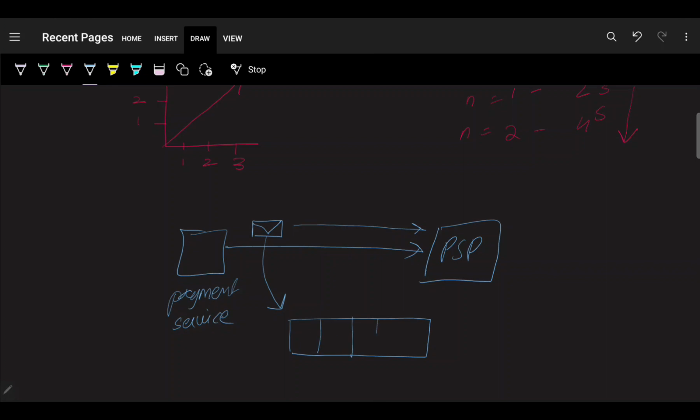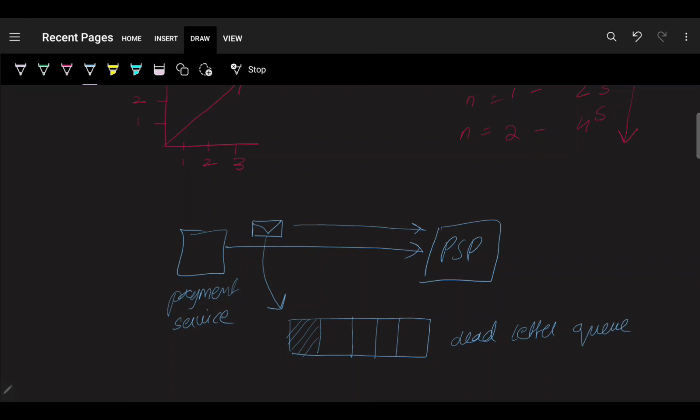Not let it rot, but let it wait till somebody attends this queue. Normally, you can call this a dead letter queue.